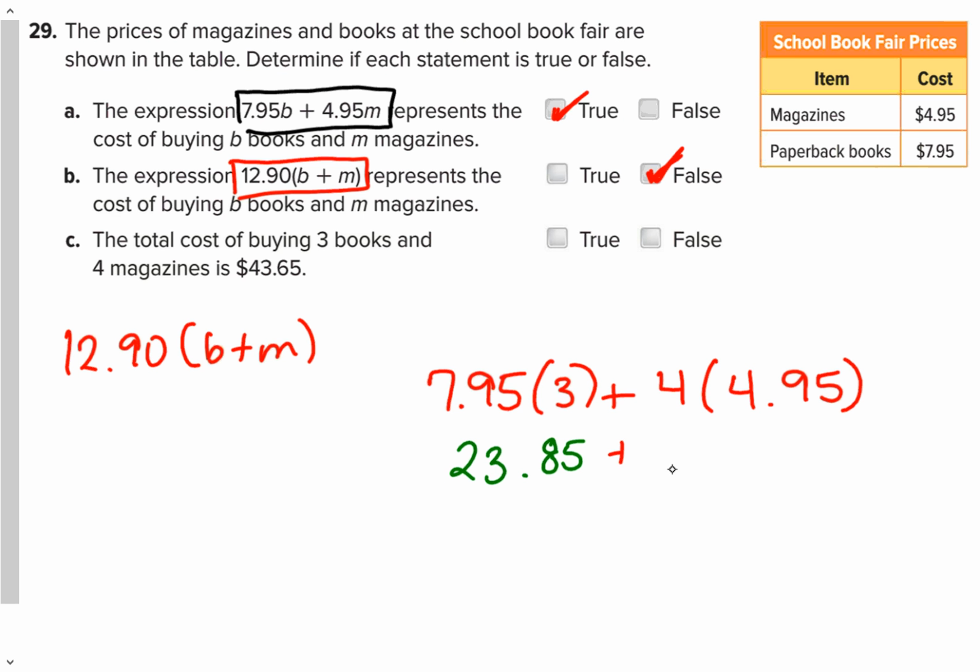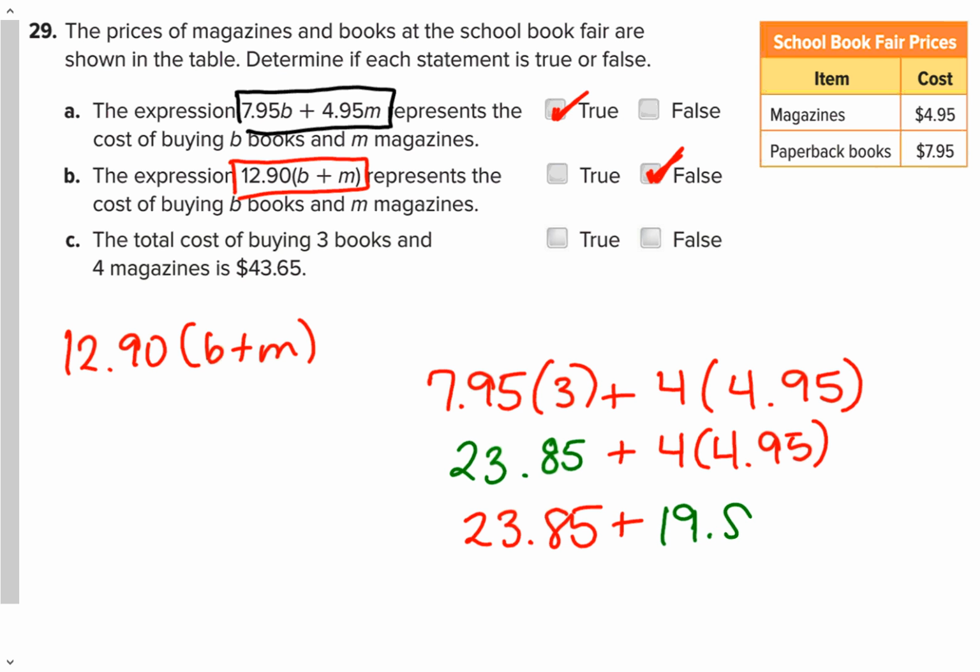Write down the rest of the equation. Okay, now we can evaluate the 4 times the 4.95, and that equals 19.80. And altogether, that's going to equal $43.65. So that answer is true.